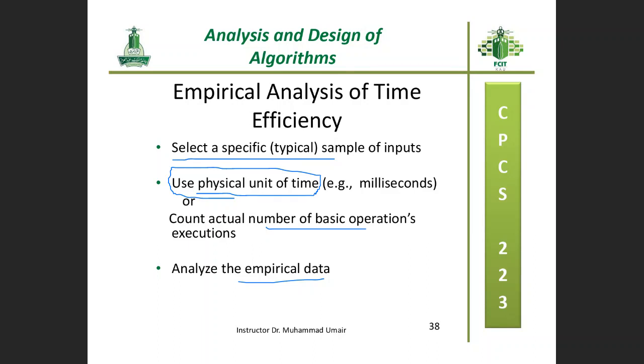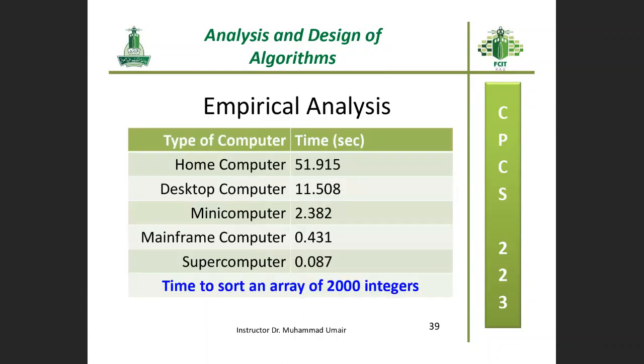So here is an example in which we have the same insertion sort, and we have tried to execute that algorithm on different hardware. For example, if we execute it for 2000 integers on a home computer, desktop computer, mini computer, mainframe computer, and supercomputer, these are different types of computer hardware.